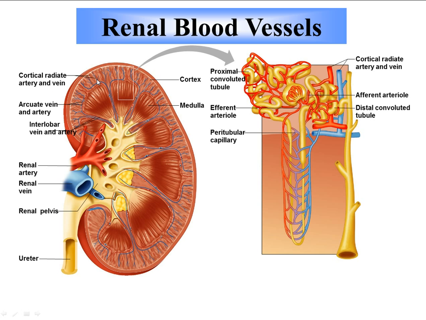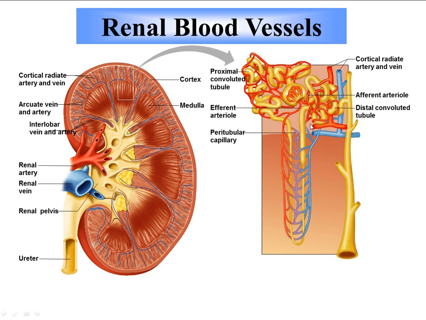And then the cortical radiate arteries will branch into what are called afferent arterioles. So now that these vessels are getting a little smaller, from a cortical radiate artery to the afferent arteriole. Here's the blow up.